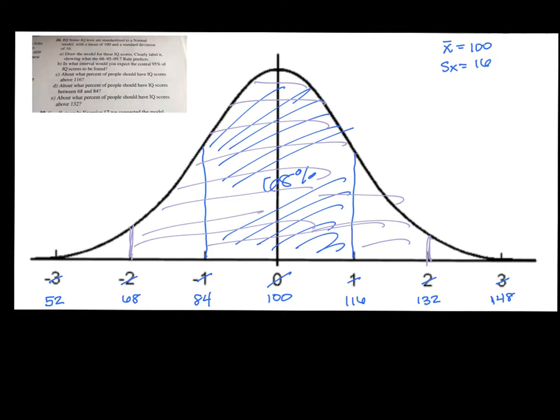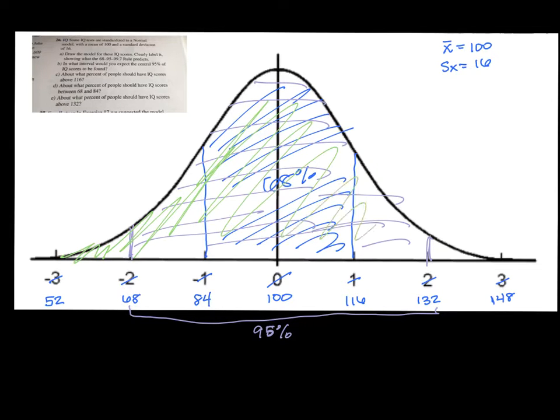Some people wrote it below, like I'm going to do here. So 68 to 132, that's 95% of our data. And then for the last one, we've got 3 to -3, all of this here, which gives us 99.7% of the data. So that's what they want to see.